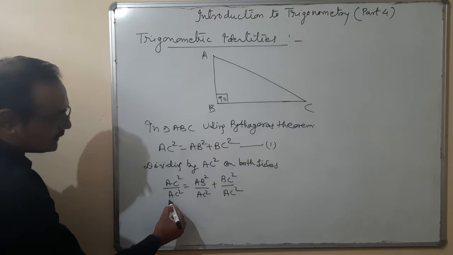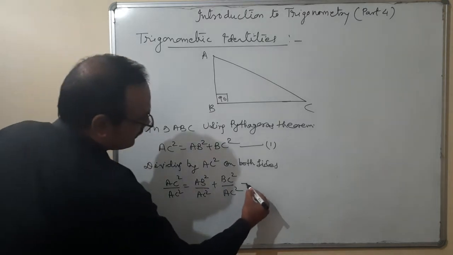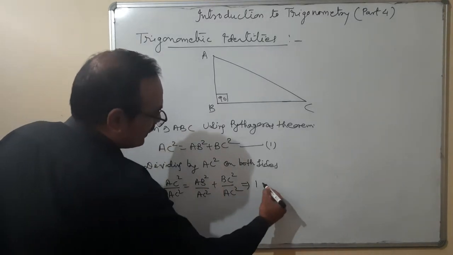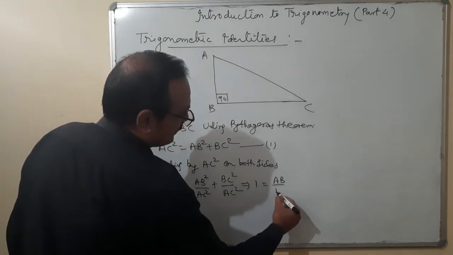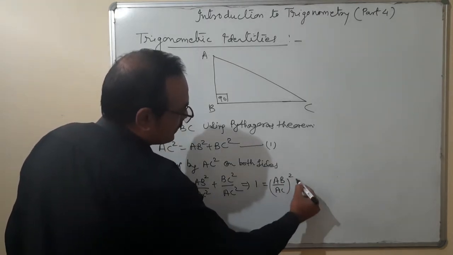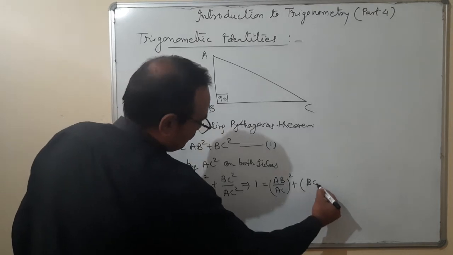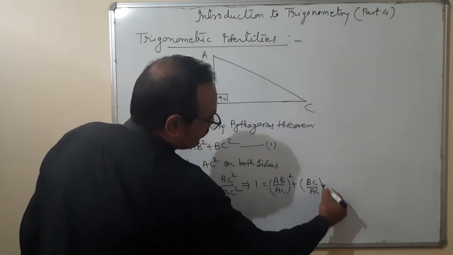That means AC cancels, and it comes 1 is equal to AB upon AC whole square plus BC upon AC whole square.